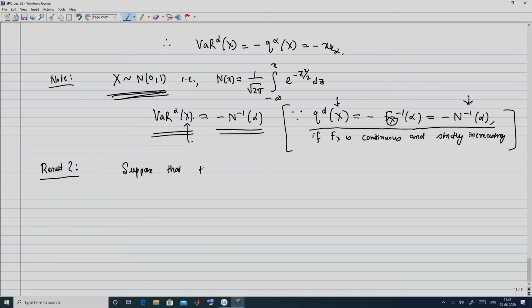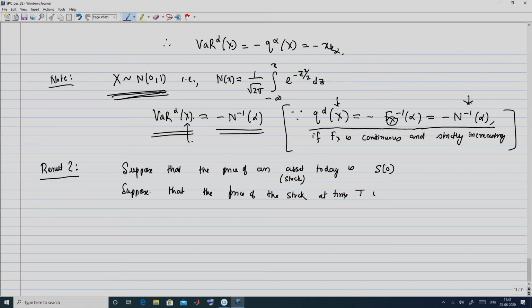Suppose that the price of an asset today is S0, and suppose this asset is a stock, and the price of the stock at time capital T is S of T. Now, you will recall that S of T is given by S0 into e raised to m plus sigma z, with z following the N(0,1) distribution.